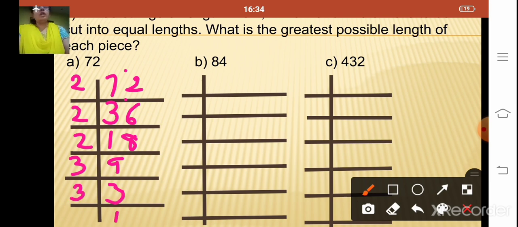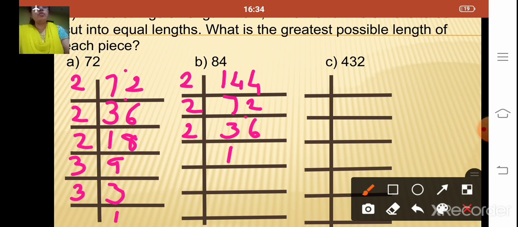Now let us find the prime factors for the number 144. 2 sevens are 14, 2 twos are 4, again 2 threes are 6, the same numbers. 36 divisible by 2, 2 eights are 16, 2 nines are 18, 3 threes are 9 and 3 ones are 3.